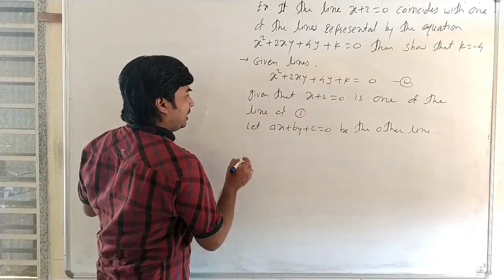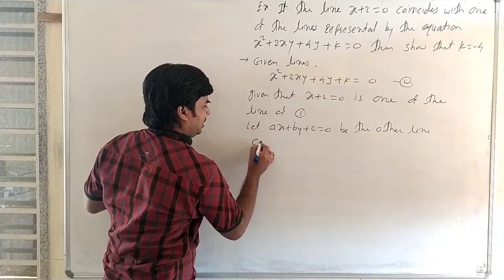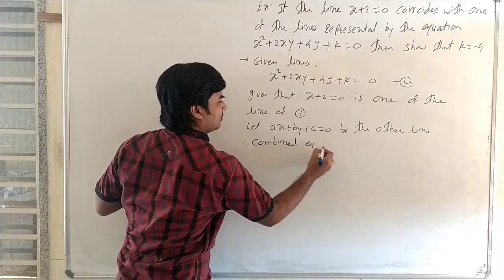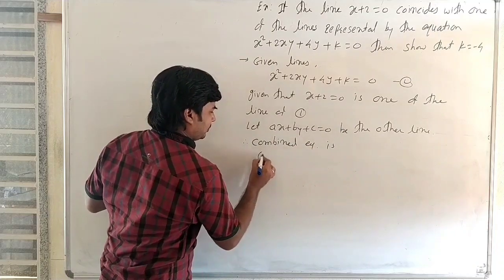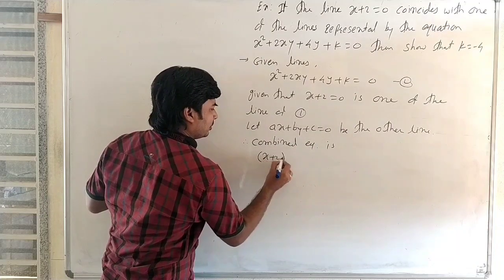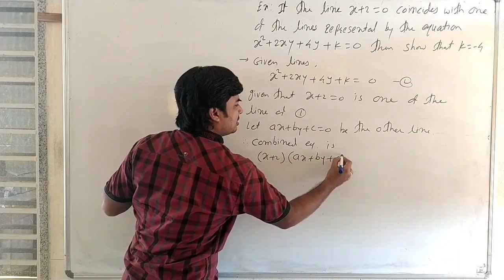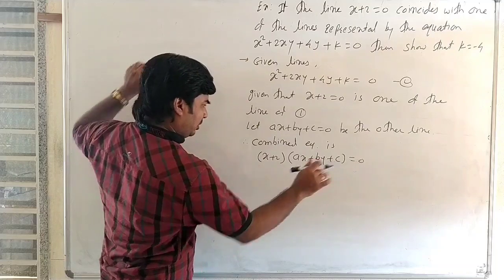Okay, now we find the combined equation. Therefore the combined equation is x plus 2 into ax plus by plus c is equal to 0. Now take the multiplication.